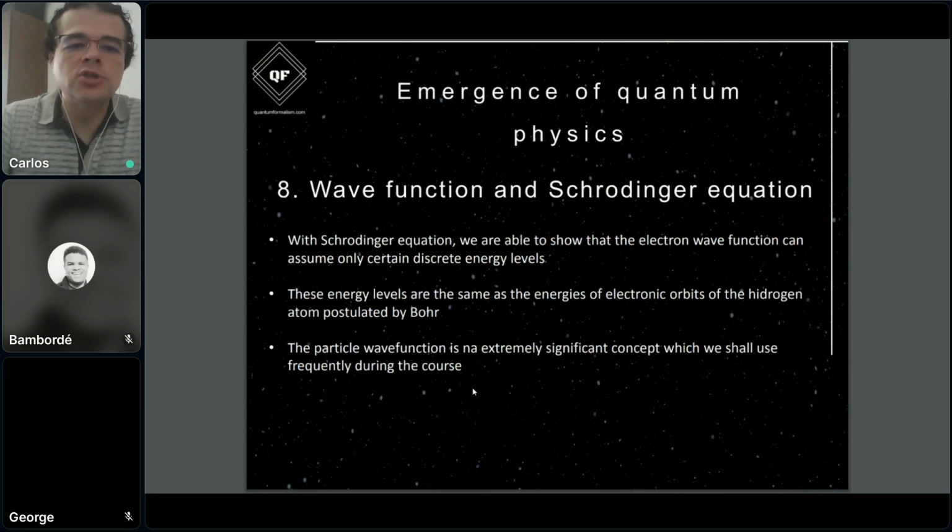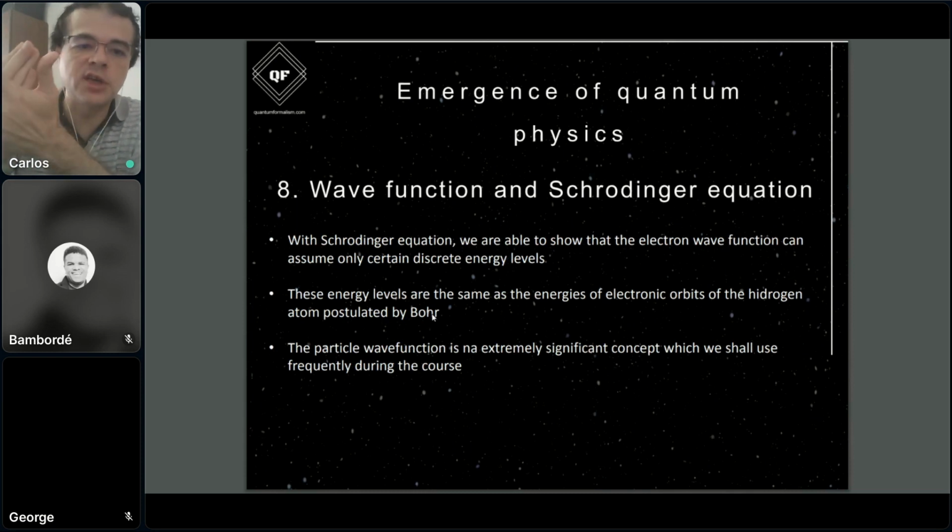With the Schrödinger equation, we are able to show that the electron wave function can assume only certain discrete energy levels, which is Planck's idea from before Schrödinger, right? So in the Schrödinger equation, this is still valid. These energy levels are the same as the energy of the electronic orbits of the hydrogen atom postulated by Bohr. So the things that Bohr did in the past, postulating some rules that he defined, are valid here.